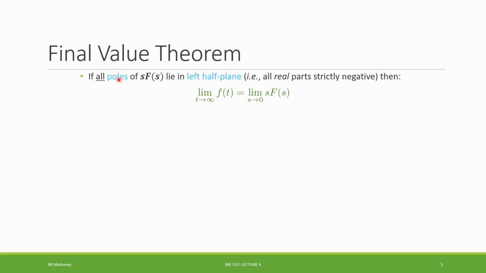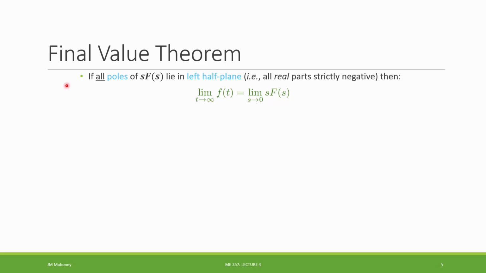And what this tells us, if all the poles have strictly negative real parts, if they're strictly in the left half plane, that tells us that our variable is stable, which is to say that our variable, given enough time, is going to go to a constant value in the time domain. All right, so to use this, and the same is going to be true for the initial value theorem, first we must show that we have a stable system.